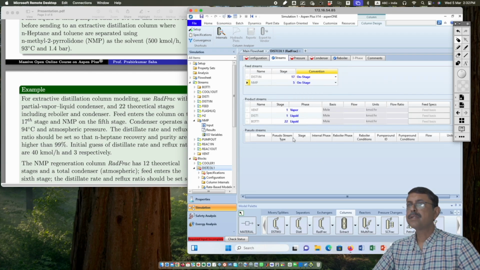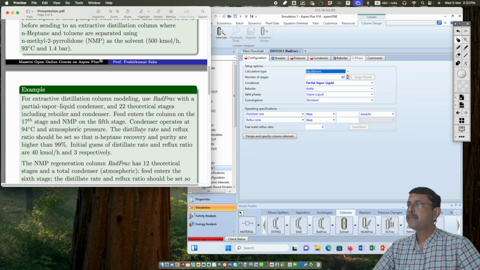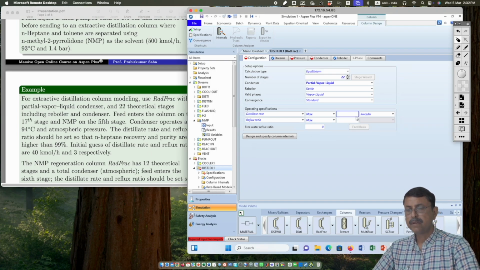In the configuration, distillate rate and reflux ratio, you might remember that they are clubbed with recovery and purity of N-heptane. So we have to use some kind of design spec over there. But to begin with, the initial guess has been given, which is 40 kilomole per hour and 3 respectively. So we write over here 40 and 3.